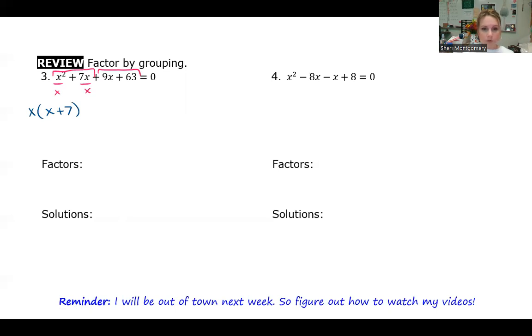So my goal is to get two factors that are exactly the same. Whenever you do the second grouping, you have to make sure you put a sign. So I'm dividing by +9, so I have to put +9.